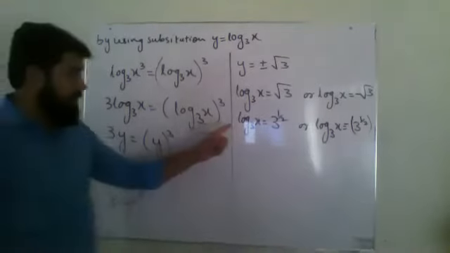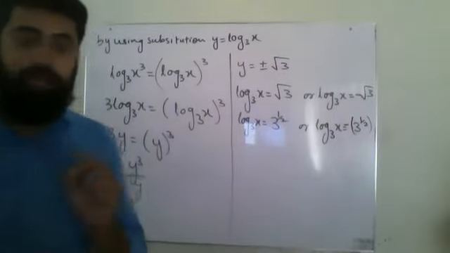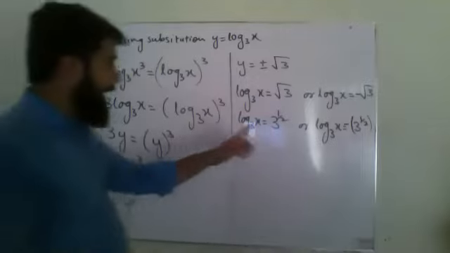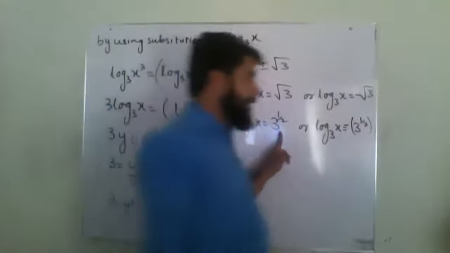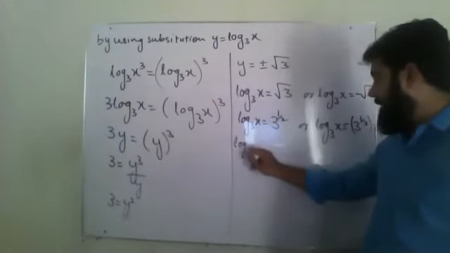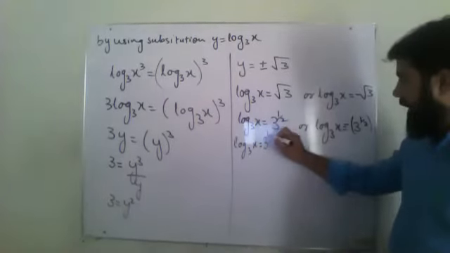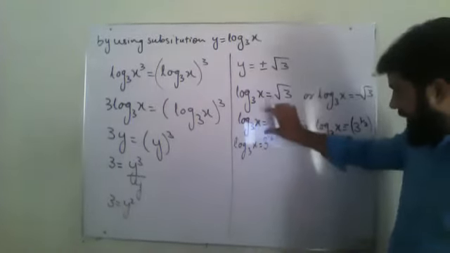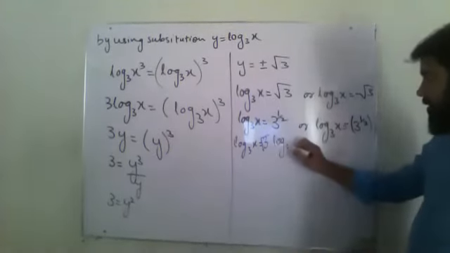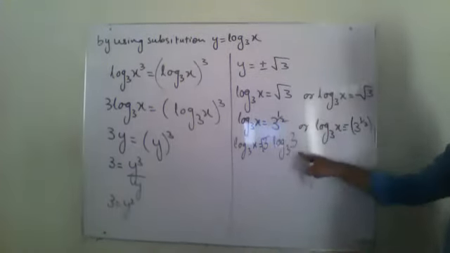Now this is log 3x. Over here you can change it into index form, or you can bring another log over here. So this will be written as log 3x equals 3 to the power half, or you can write it as under root 3 also if you want to. Under root 3 log, because this is multiplied by 1, so I can write it in this way.